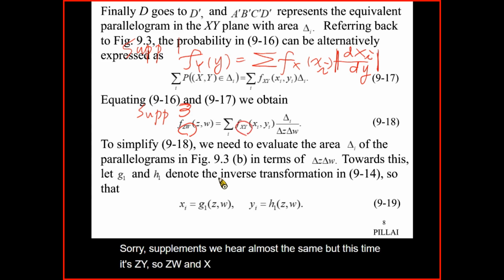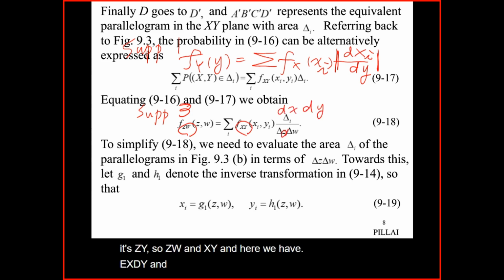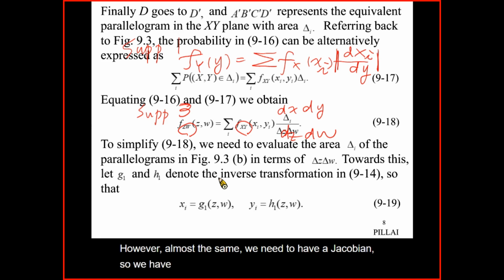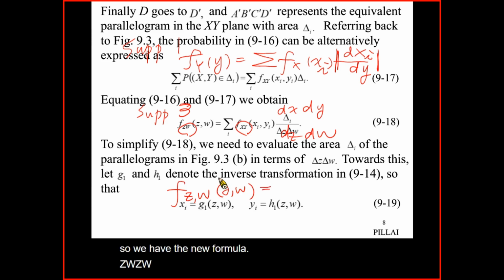And here we have dx dy and dz dw. So almost the same. However, we need to have a Jacobian. So we have the new formula. ZW, and then we have a summation for all of x and y.